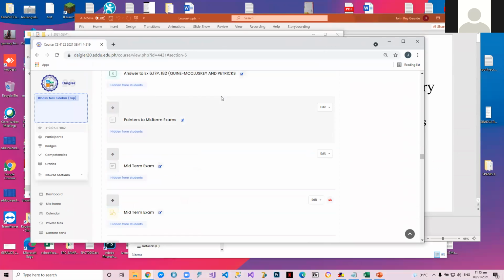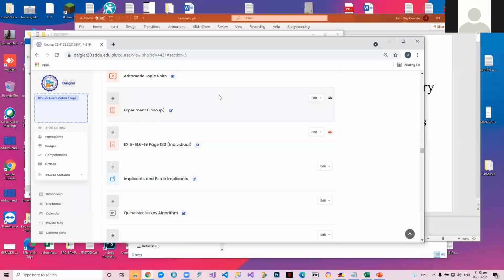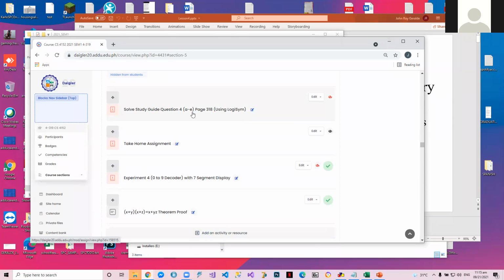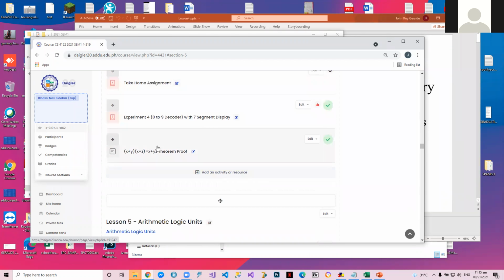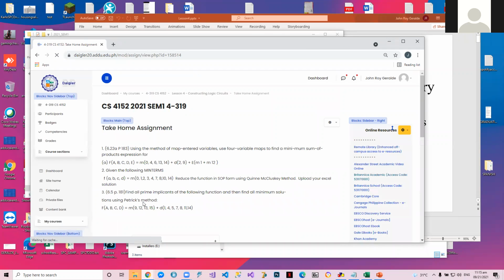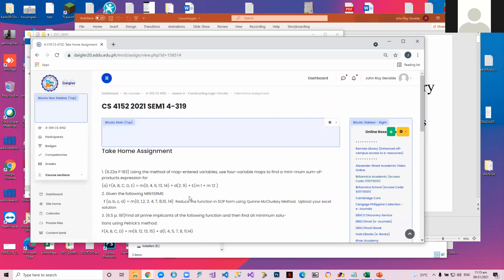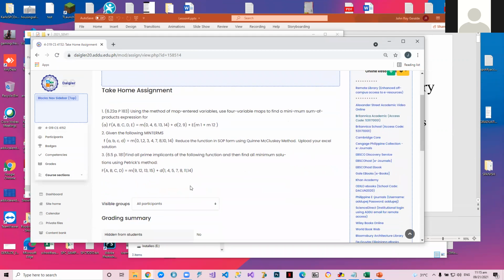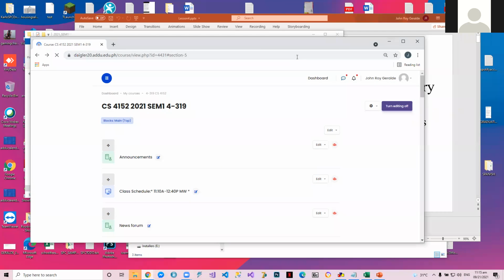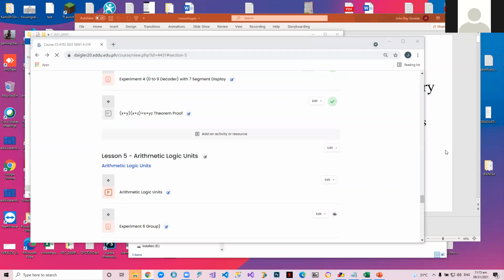So we have these theorems. Later we will discuss Quine-McCluskey and Petrick's method.